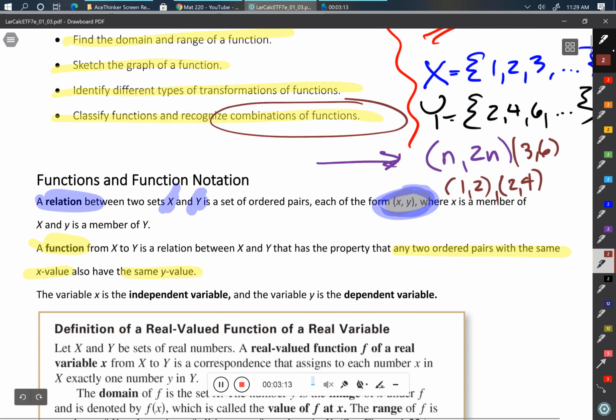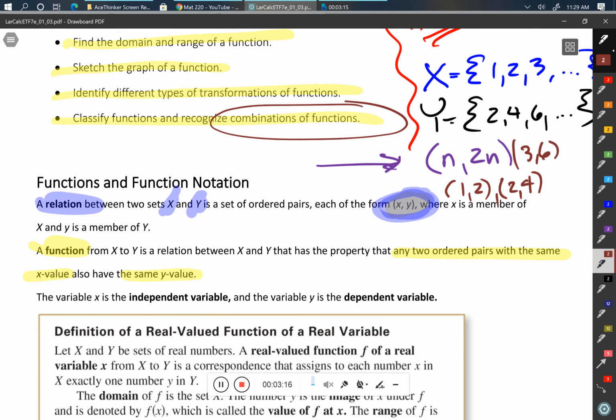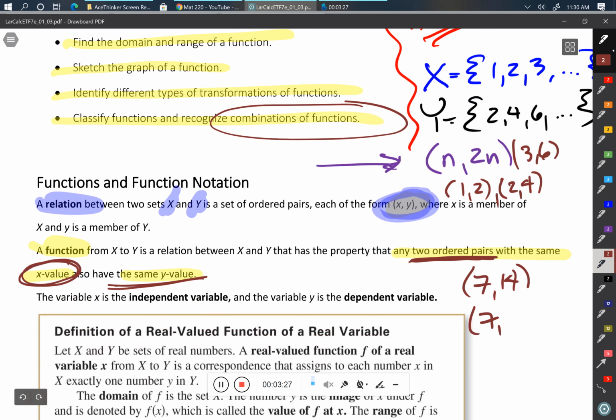And so what makes this a function? Well, it says if you have two ordered pairs and they have the same x, what will they also have? The same y. So if 7 goes to 14, and I start at 7 again, where do I have to go? Well, I have to go to 14. Okay.